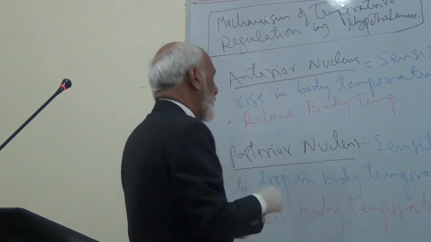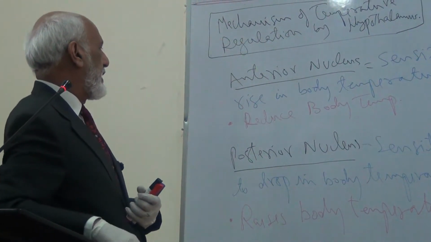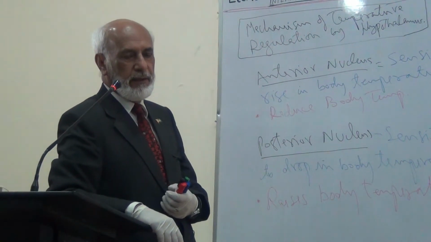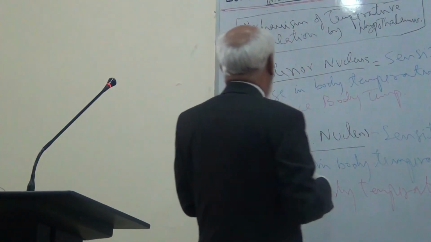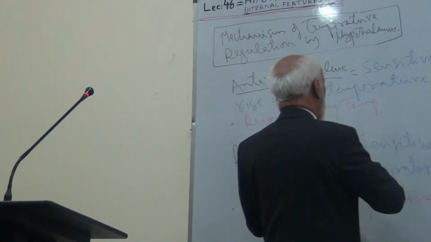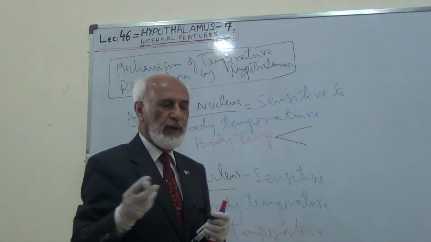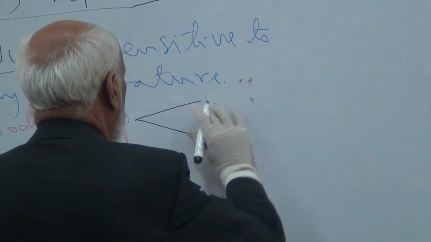Now, how does the anterior nucleus, when it is stimulated in case the body temperature is raised, reduce the body temperature? Usually by two mechanisms. That is cutaneous vasodilatation.